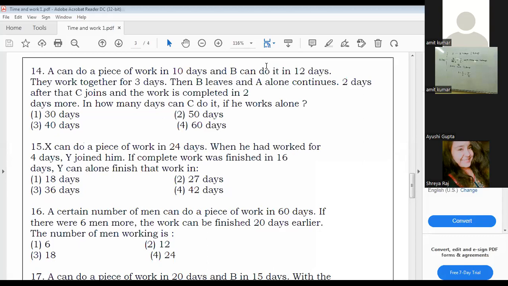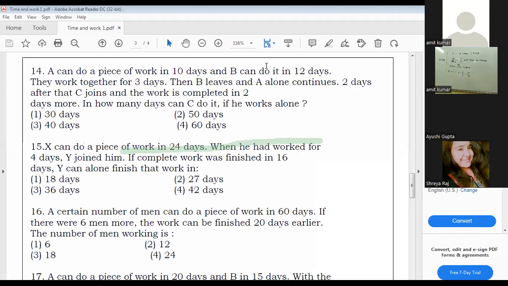Sir, first, X's work is 24 days. Then the work done by X in 4 days alone is 4 into 1 is equal to 4 units. So the remaining work is 24 minus 4, that is 20 units.